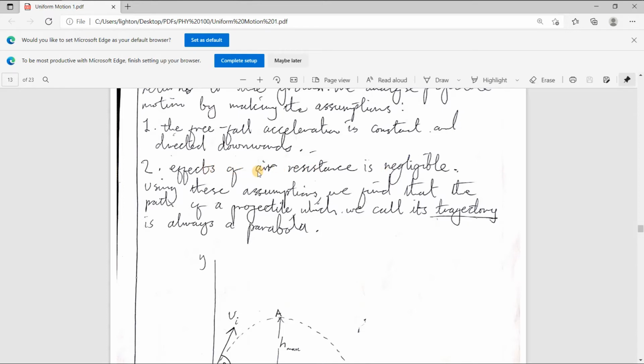Using these assumptions, we find that the path of a projectile, which we call its trajectory, is always a parabola.